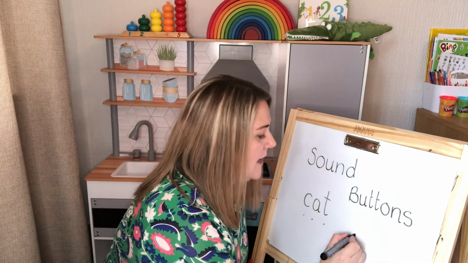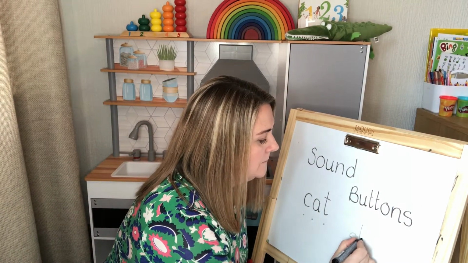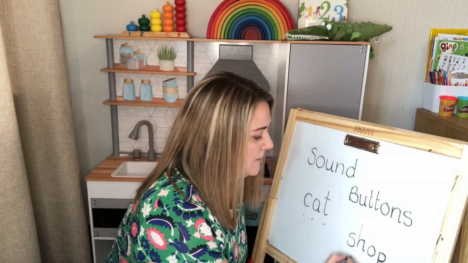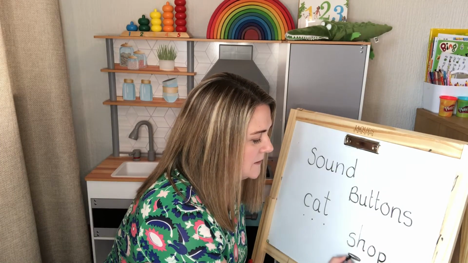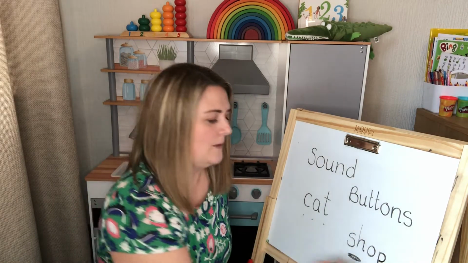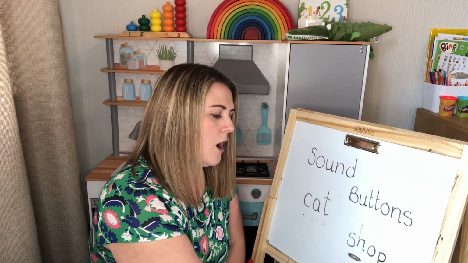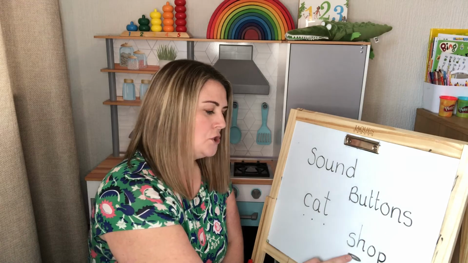Now it's worth noting here, an easy word with a digraph, something like shop, for example, would have a larger sound button at the beginning. So you'd have one sound button underneath the S and the H, because they make that one sound, it's one phoneme, and 2 smaller sound buttons underneath here. So you'd go sh, o, p. That's how we use our sound buttons.